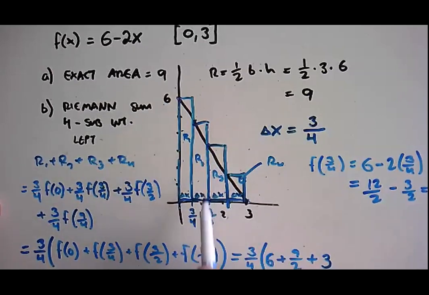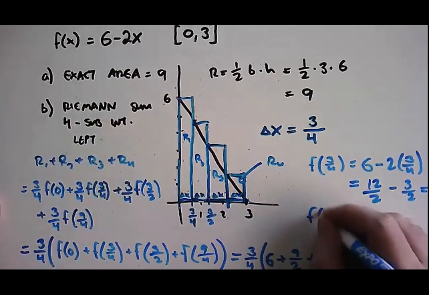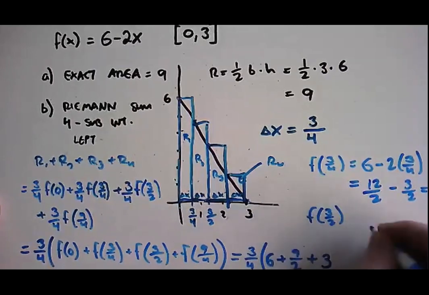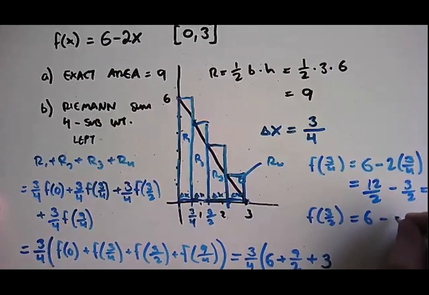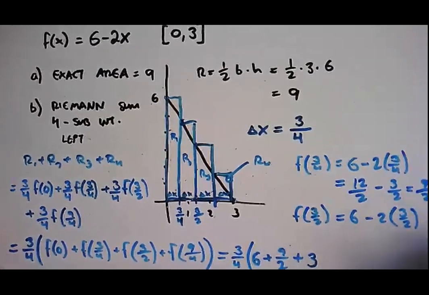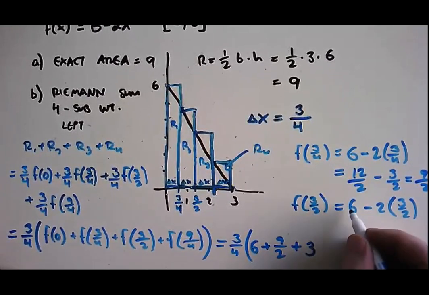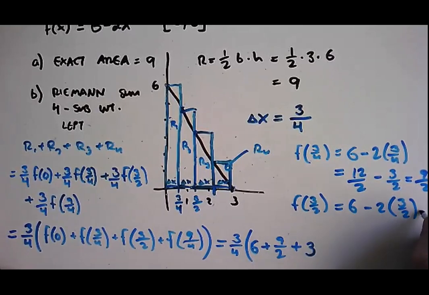If you'd like, you can confirm this by plugging in 3/2 into our function. I'll just do that. That's not too bad. F of 3/2 is 6 minus 2 times our x value 3/2. And I'm on the very edge of the screen here, sorry. So 2 times 3 halves is 3, and 6 minus 3 is 3.